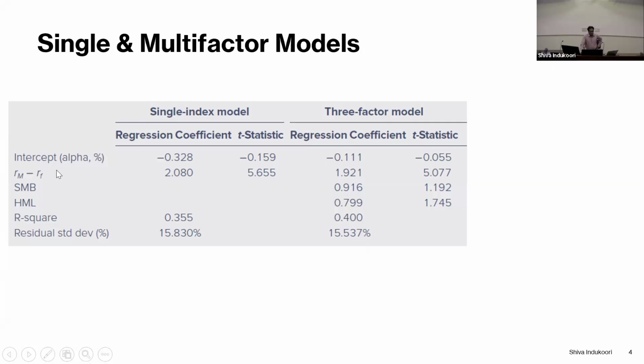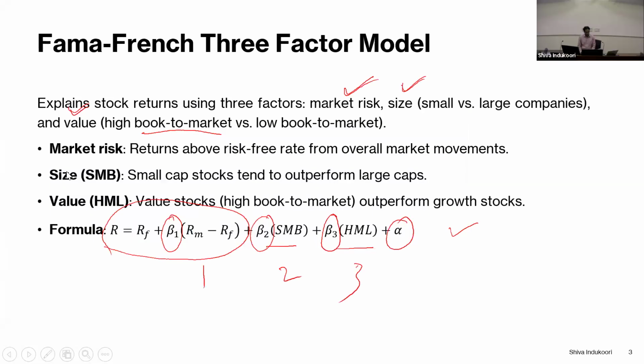Now, maybe let me go back. When you run the regressions, you will get a beta value. If you look at the screen, for example, market beta is 1.